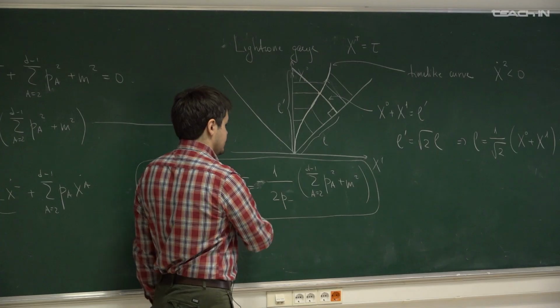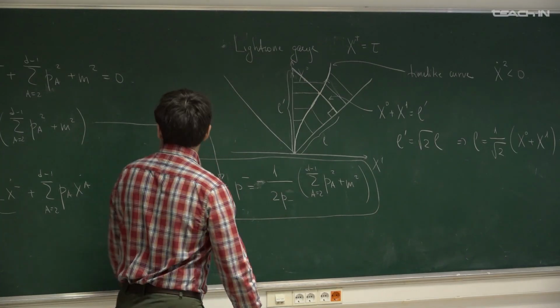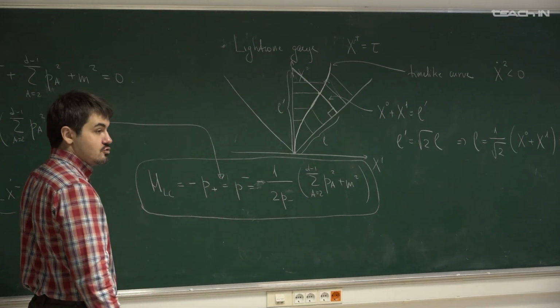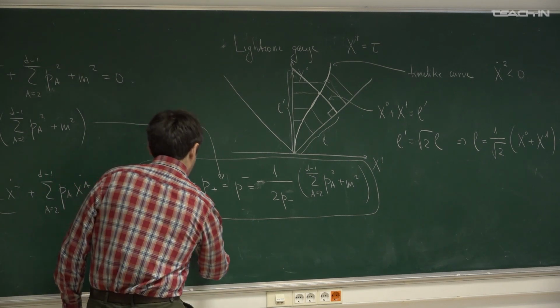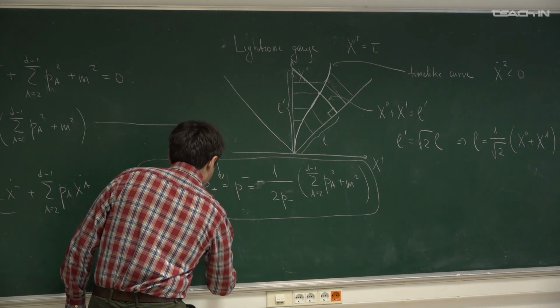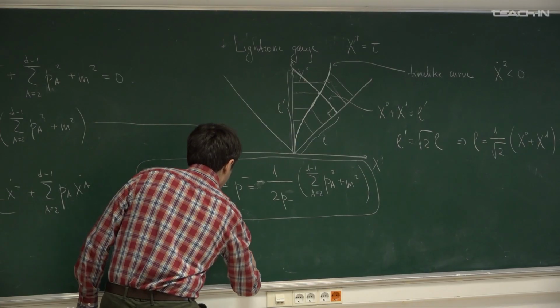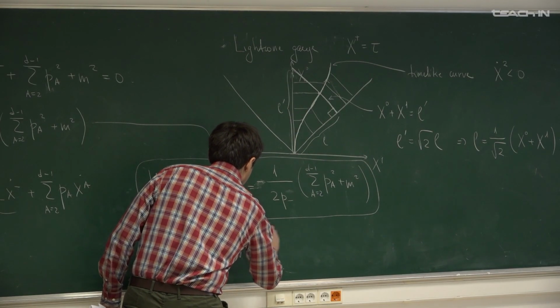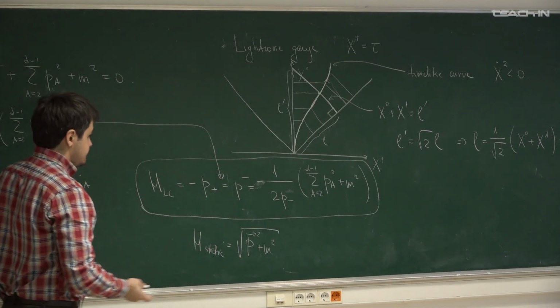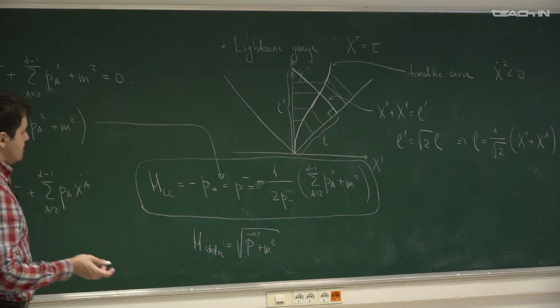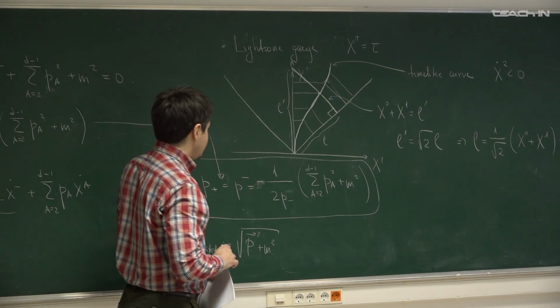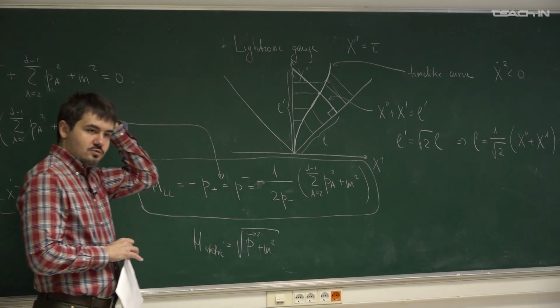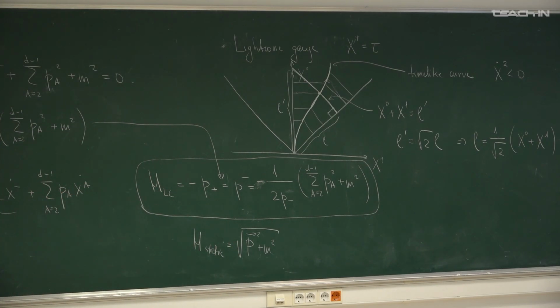The Hamiltonian is now quadratic in p's, as opposed to the static gauge Hamiltonian, which we just wrote out just before, which was the square root of p squared plus m squared. So we had this square root here. Again, in this case, it doesn't matter that much, but in the two-dimensional case, it will matter whether we have a square root or not.